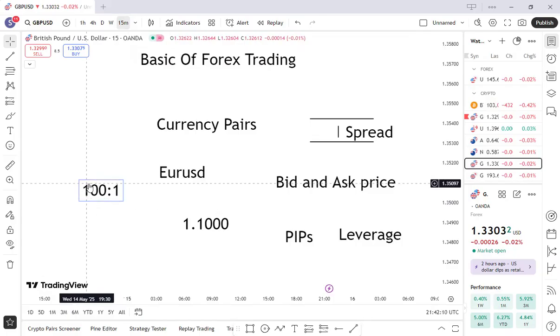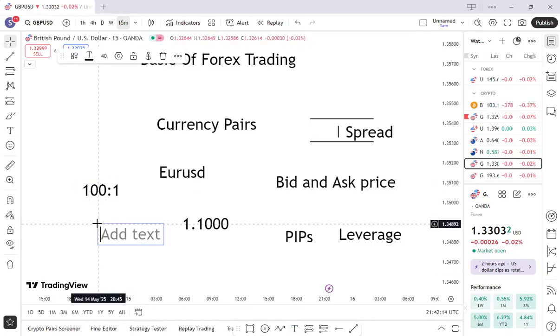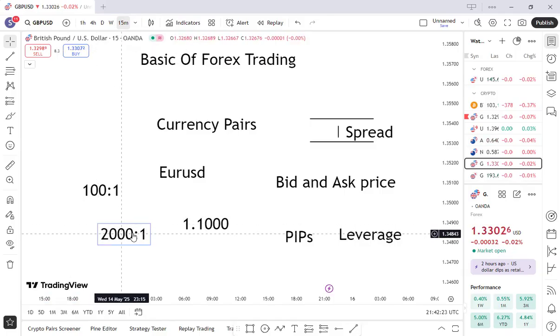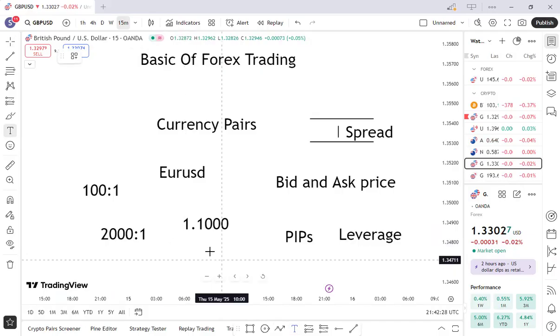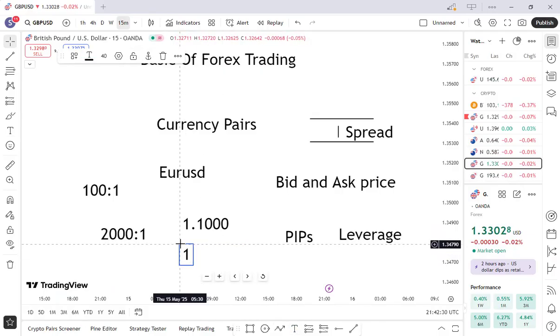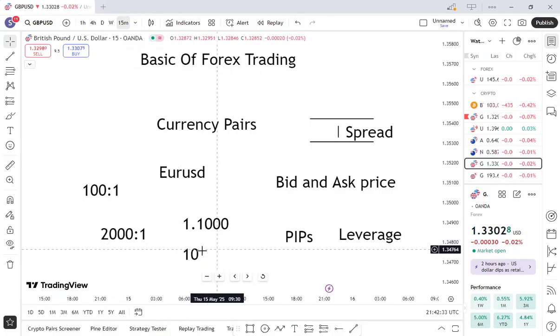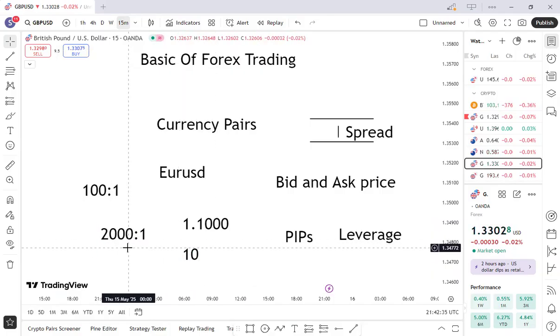So you are multiplying it by this. Some brokers will be giving you 1 ratio, some brokers will be giving you 2,000 to 1. That's why most newbies blow the account. It's telling you that if you're using a $10 account, you're multiplying it by this 2,000, which enables you to make use of $20,000.